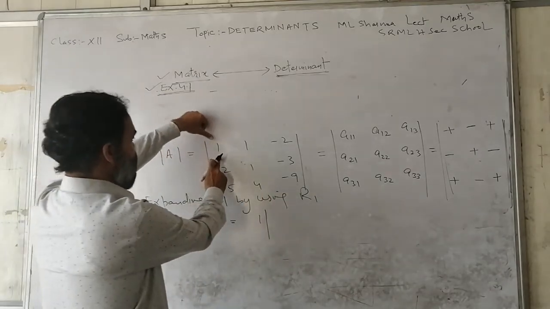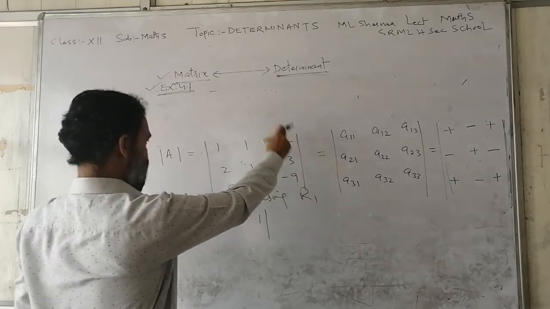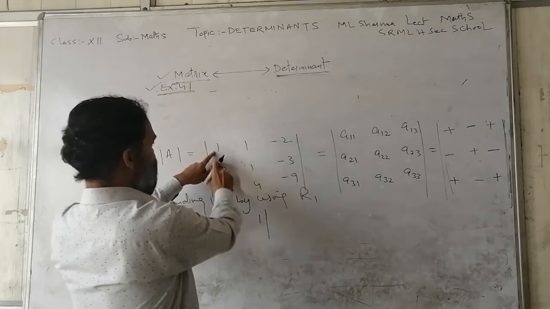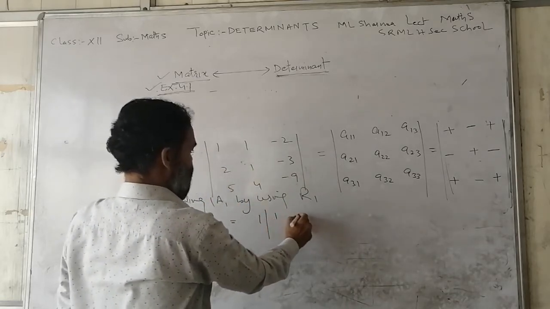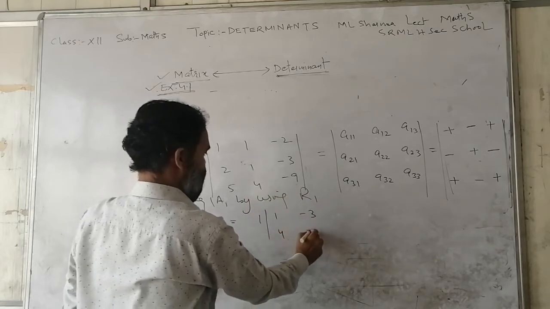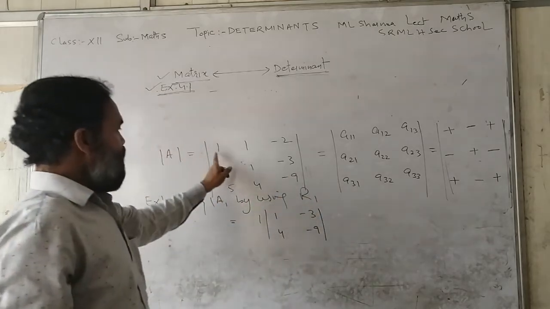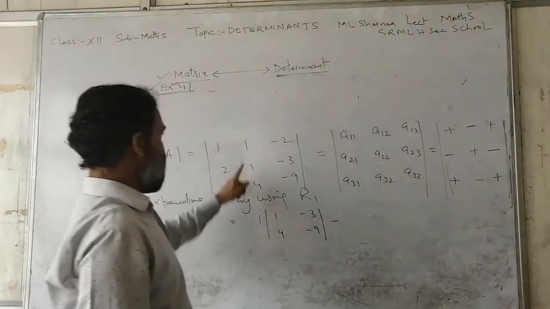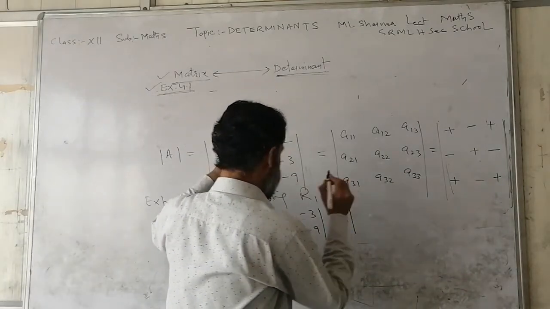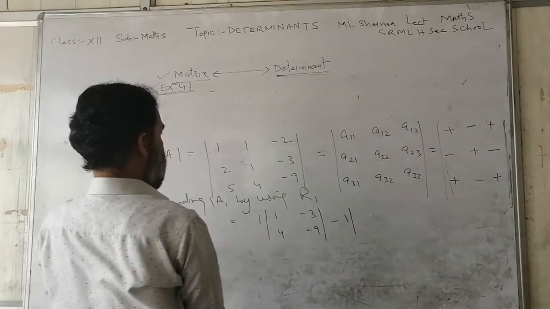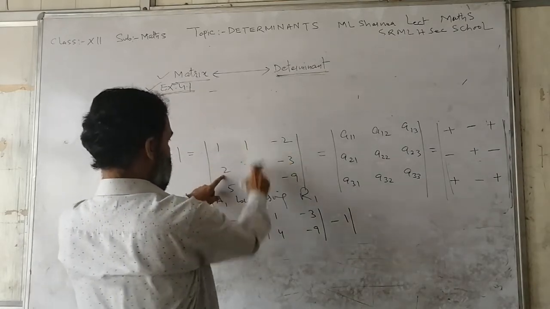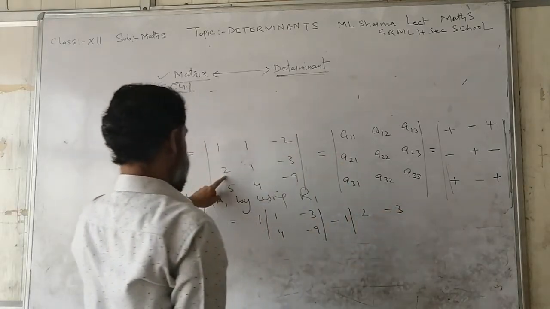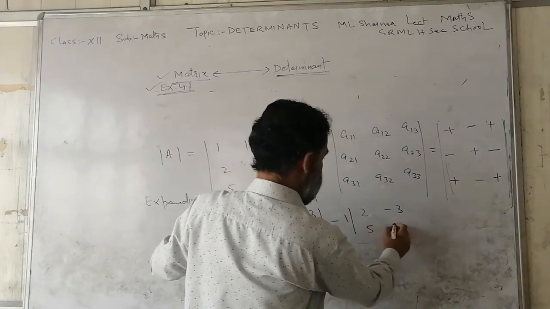Now this 1, in which row is it lying? In R1, and it is lying in C1. So I will delete this row and this column. I will be left with the elements 1, minus 3, 4, minus 9. Then for this, I make use of negative sign, minus sign here. I will write 1 here. Again, this row and this column are to be deleted. When this row and this column are deleted, I will be left with these two rows, that is 2, minus 3 and 5, minus 9.